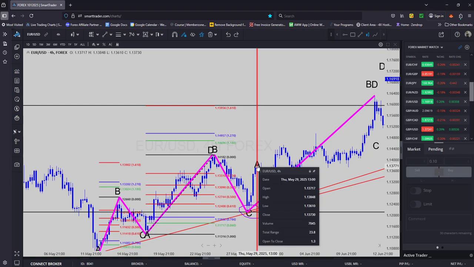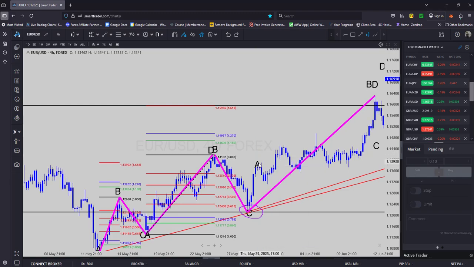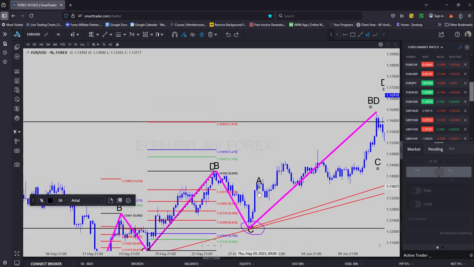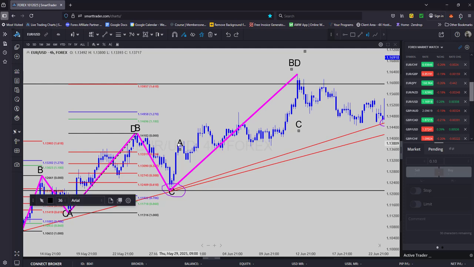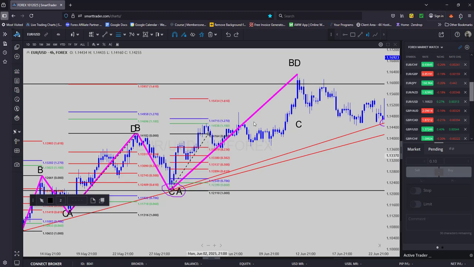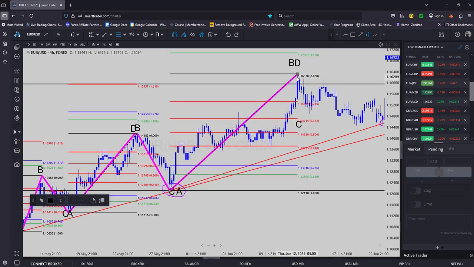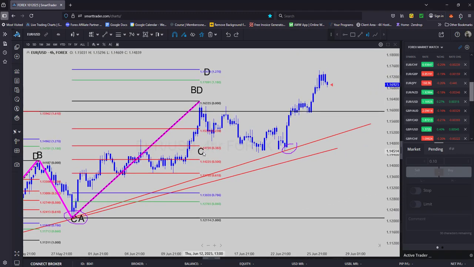Reset, put this down here. Right, that becomes a new A, a new B, exact same thing. Spread the Fibonacci's again. You're looking for a new C, which as of right now is right here.